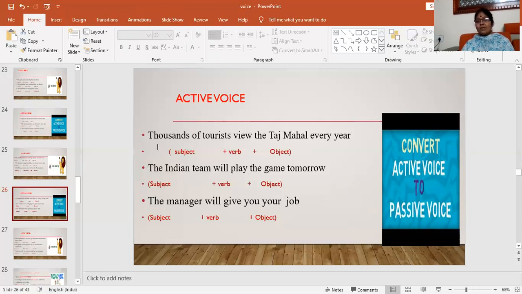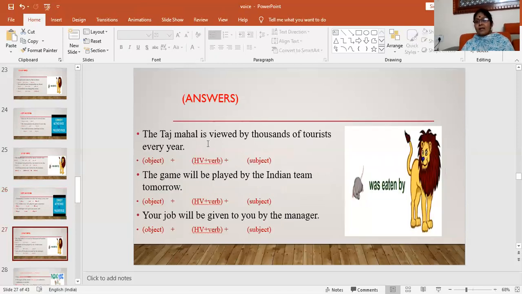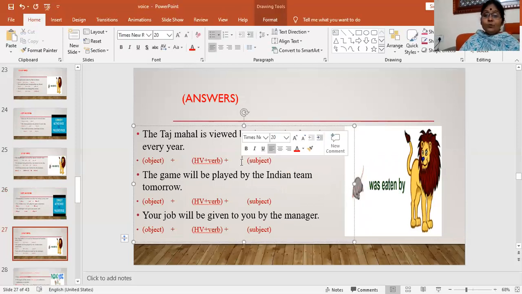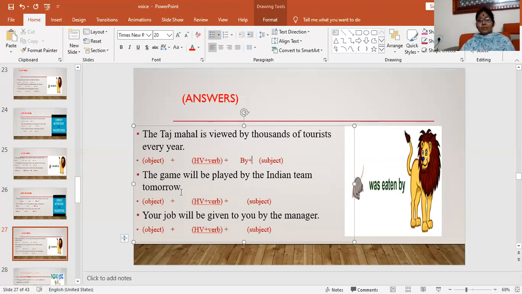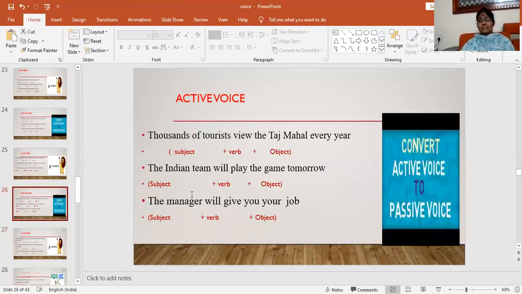Taj Mahal should come here and thousands of tourists should go here. Make the necessary changes. Now, check your answer. The Taj Mahal is viewed by thousands of tourists. Right? Object, helping verb, main verb, by plus subject. Is it clear? Now let us look at the other sentence.